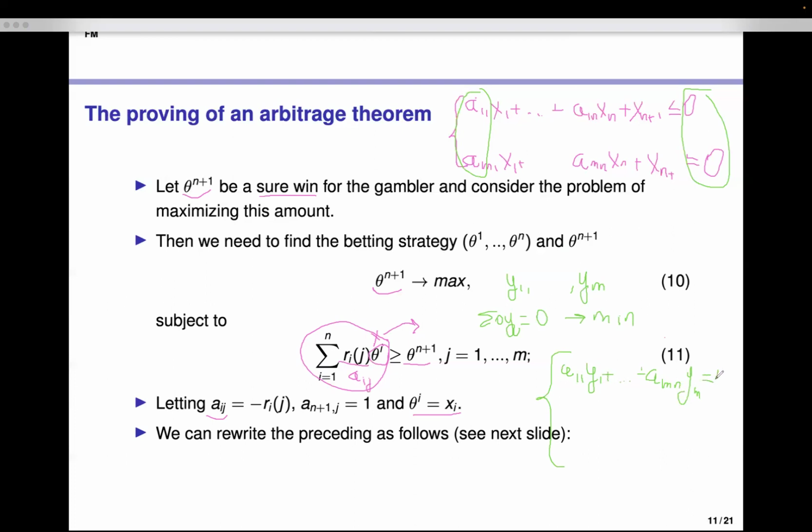Yes, you're right. And it equals 0. Okay.